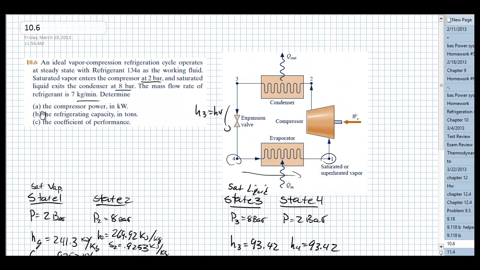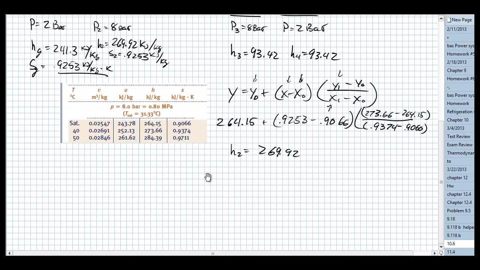For part A, as it says, we're looking for the compressor power. I'm simplifying it a little bit here for the interests of time.